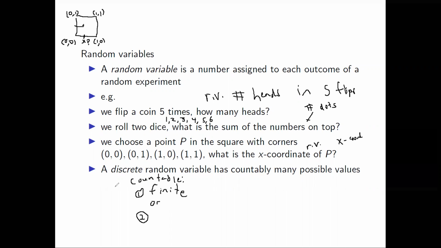And when we're saying something's countable, we're talking about some set X. So you can write it as X equals x1, x2. So it can be finite. In that case, we're talking about some set x1, x2, up to xk for some integer k.